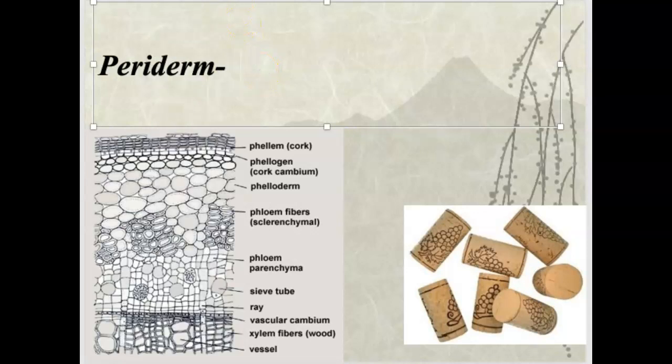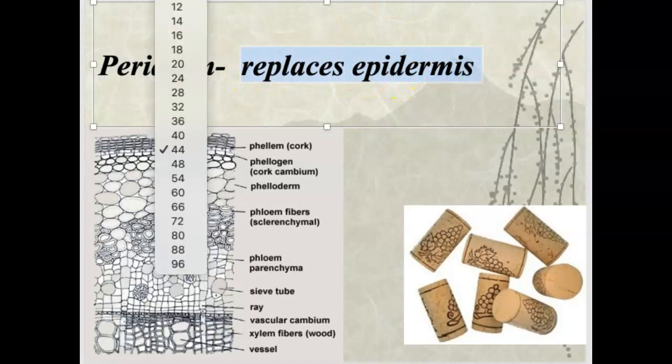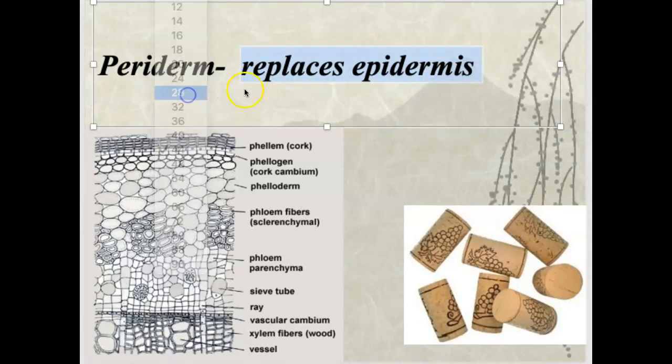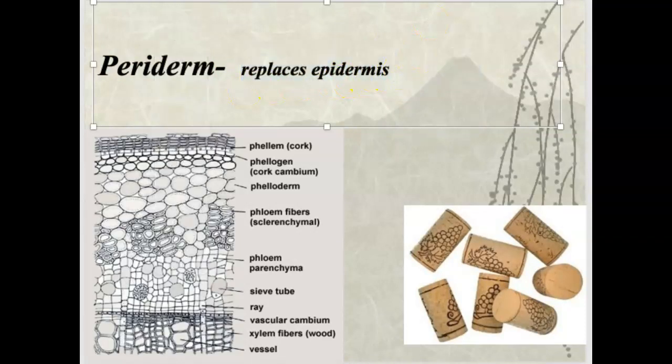Okay, so the periderm replaces the epidermis. Oh, let me fix our font. It's going to replace the epidermis in woody plants. This is what we're going to call a bark.